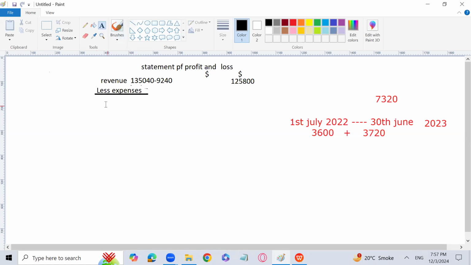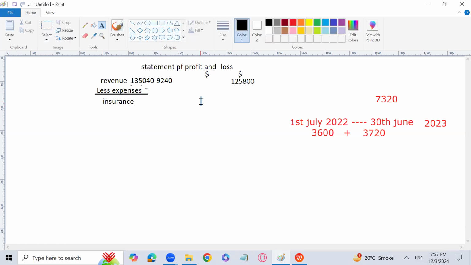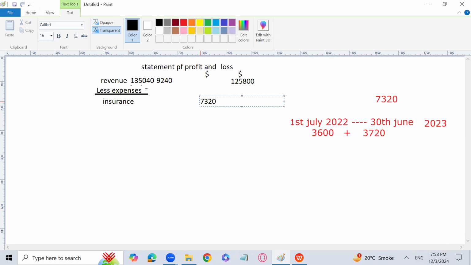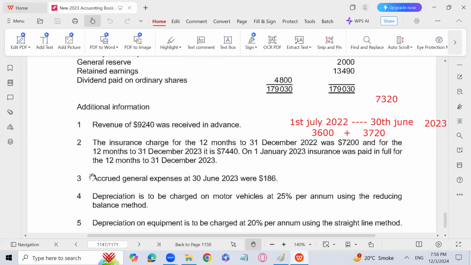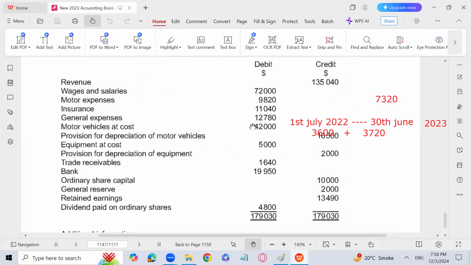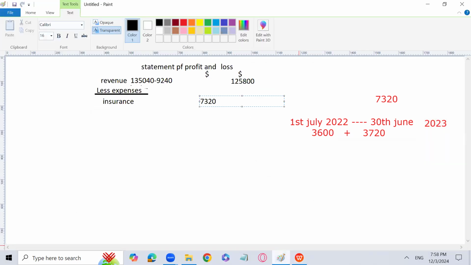First of all, I'm going to write the insurance because we have already done that, and that is going to be 7,320. Either you add 3,600 plus 3,720, or you subtract 3,720, which is prepaid, from 11,040. You will get the same answer, 7,320.